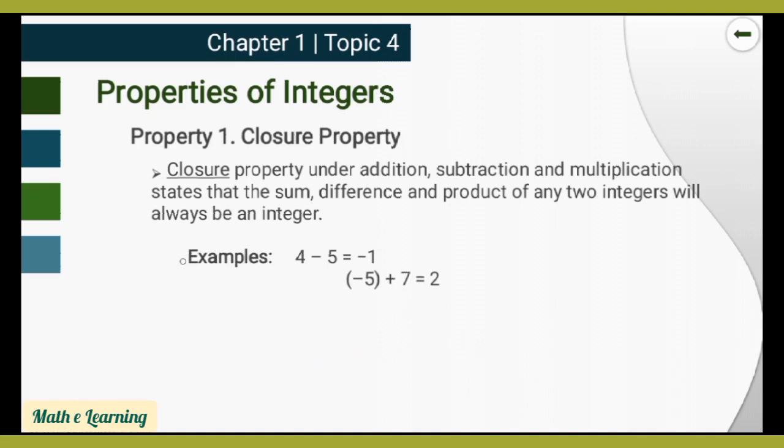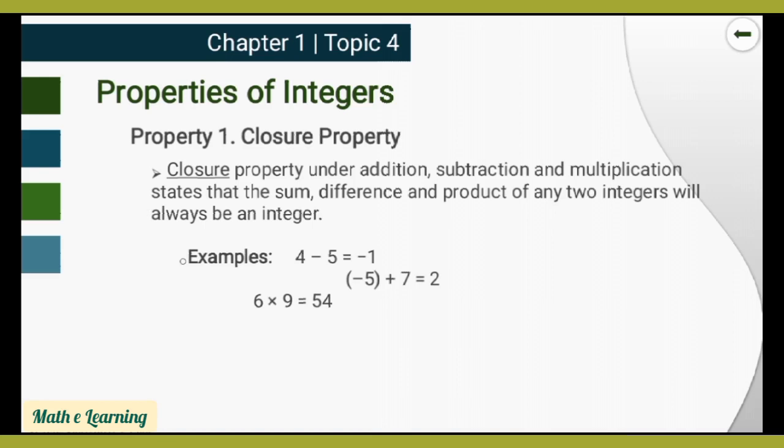Next example is -5 plus 7, and we know that minus plus minus, so 7 minus 5 is equal to 2, and the sign of the greater number we use in the answer, so the answer is +2. Next is 6 9s are 54.